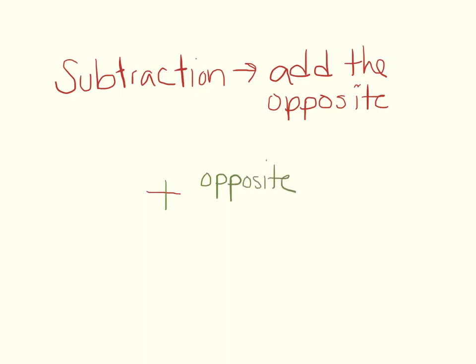Let's go ahead and write this a little bit more clearly. If I have some number subtracting some other number, I'm going to change this to adding the opposite of whatever number comes second. So we'll look forward to practicing this a little bit in class, but hopefully this will be a good preview for you.